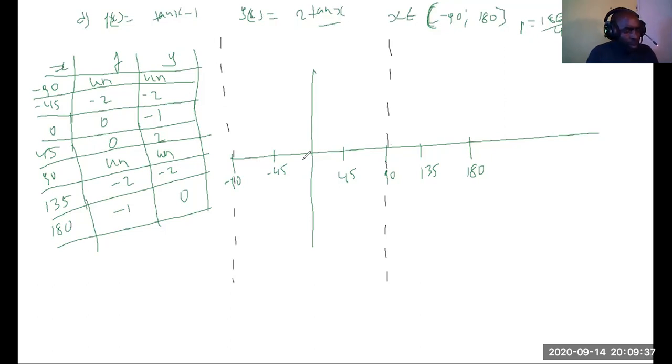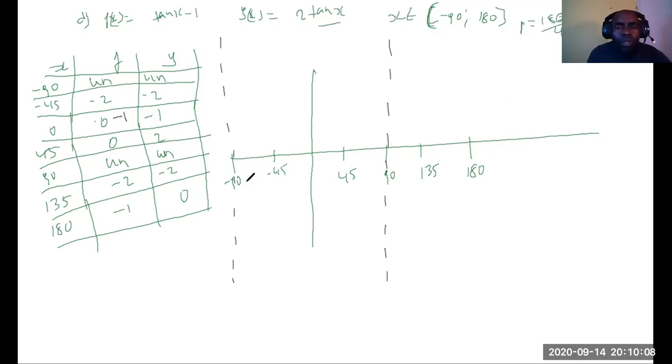So I have got undefined, then -2, -1. This is -1, -1, 0, undefined, -2, and -1. Yes.